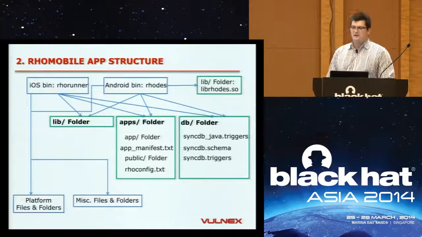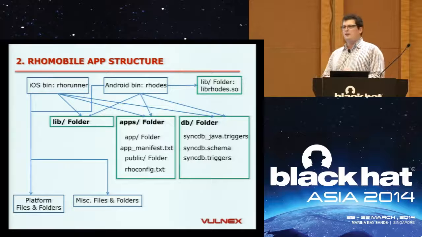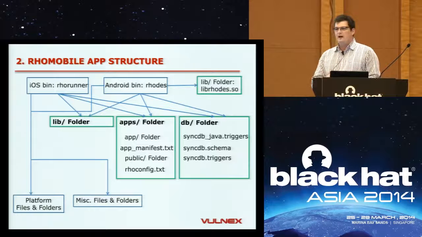In terms of the structure, here it looks a bit more complex, but it's not that hard, actually. For example, we have an application written in RhoMobile, and if we build for iPhone, it creates a binary.